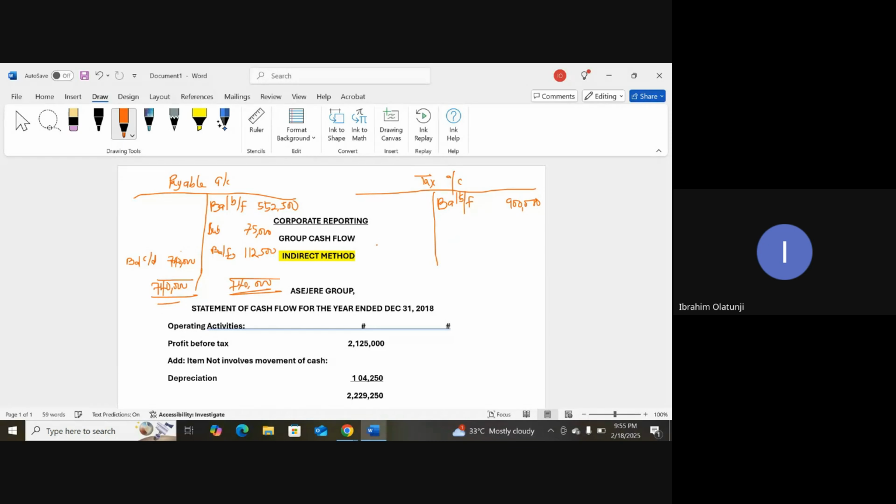Then the closing balance, which is a balance carried down. How much is the closing balance? 950,000. Are we all following? Yeah. Okay, good.